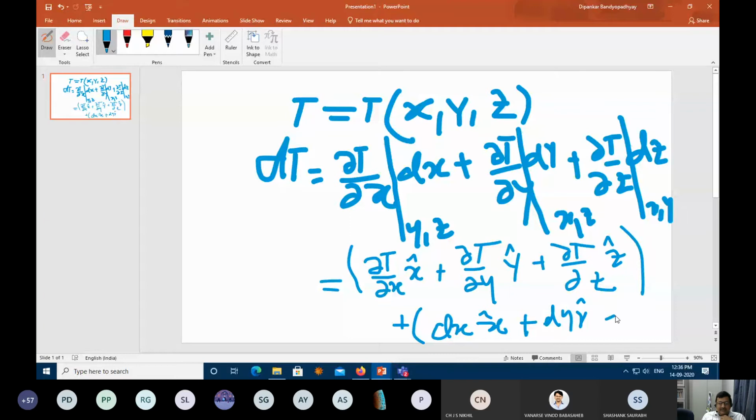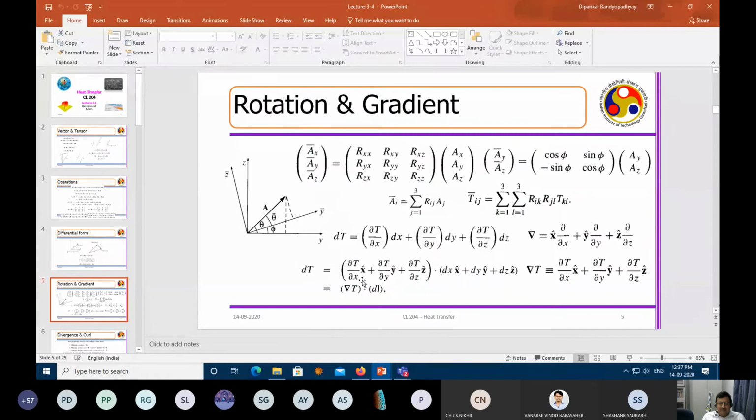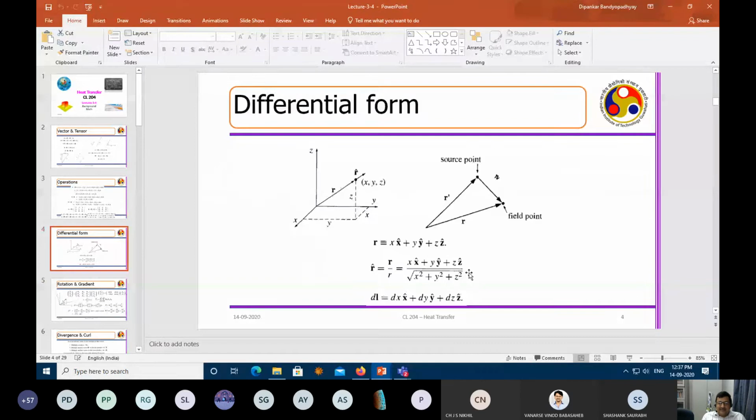You are decomposing this into two parts, and then expressing these two as the dot product between these two. So essentially, I can write the entire thing as the gradient of T dot dr. This is what we have defined in the previous slide, that this is a position vector.